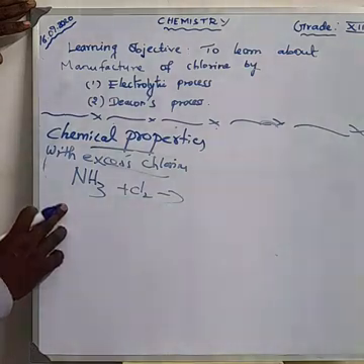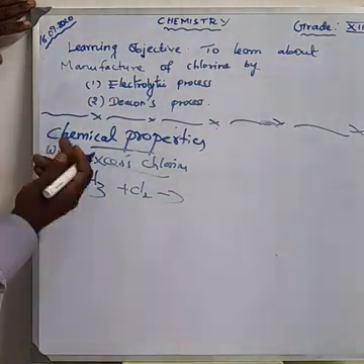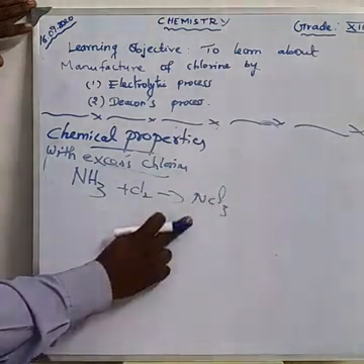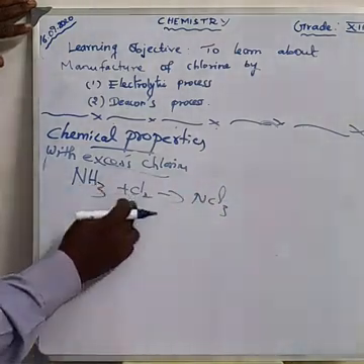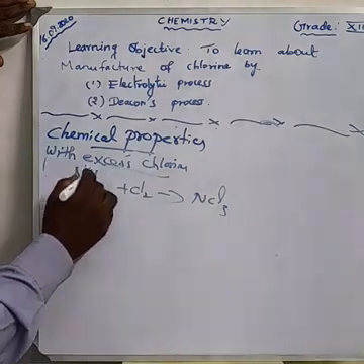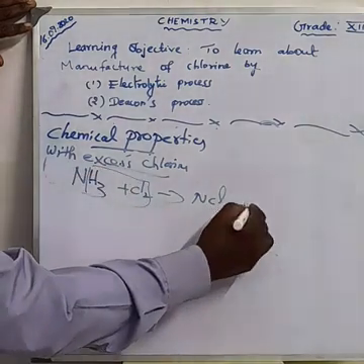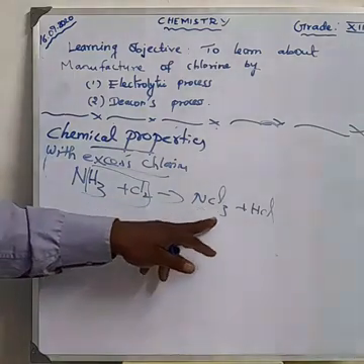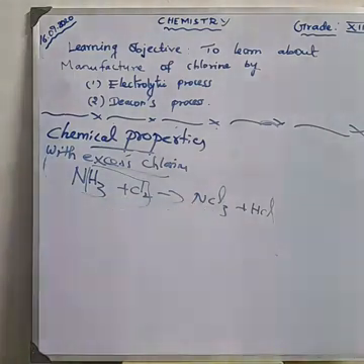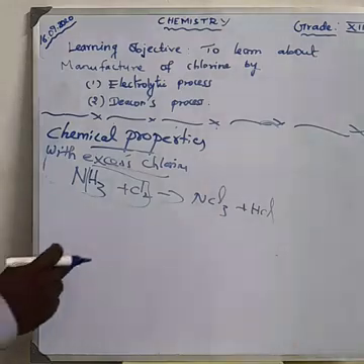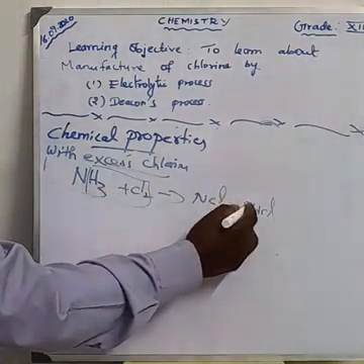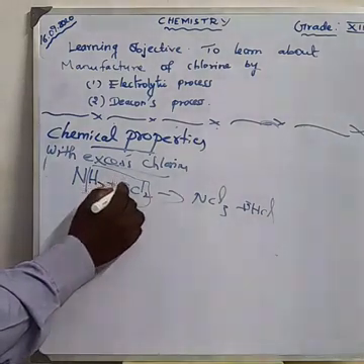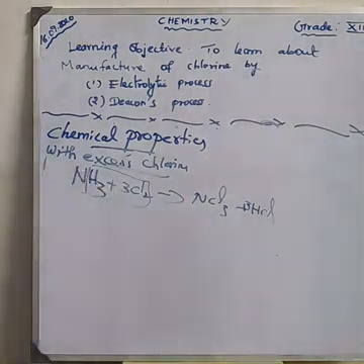So what's the product? Nitrogen trichloride, that is NCl3, and also hydrogen combines with chlorine to form HCl. This is one of the new compounds, nitrogen trichloride. How can you balance the equation here? 3 hydrogen, so make it 3 here. Here are the 6 chlorine, so we should write 3Cl2. Now the equation is balanced.